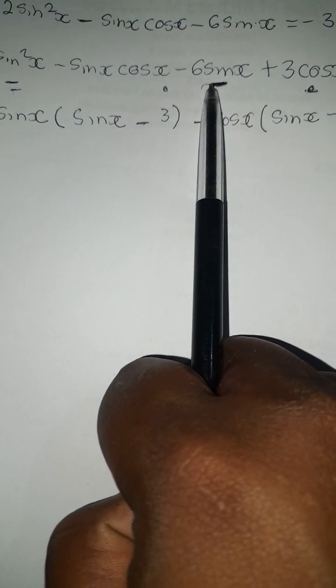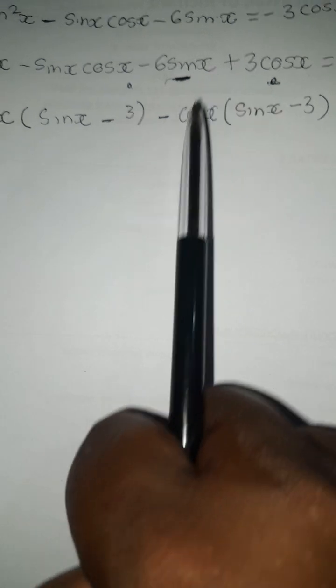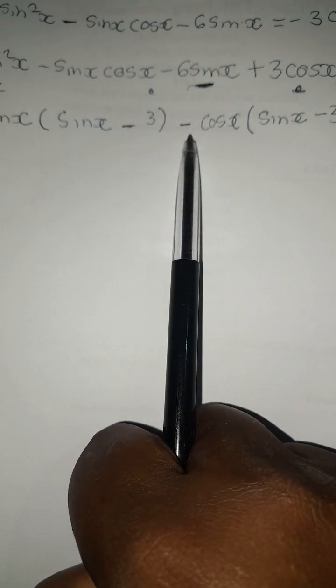You group 2 sine squared x and negative 6 sine x, and you can also group negative sine cos x plus 3 cos x. That's why here I had negative cos x, right? So first thing here, group your terms, then you'll be fine. Then secondly, you can take out the highest common factor, just as I did here.